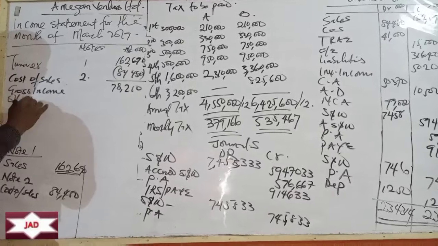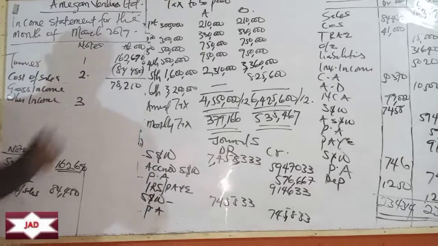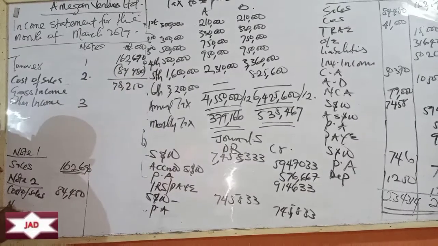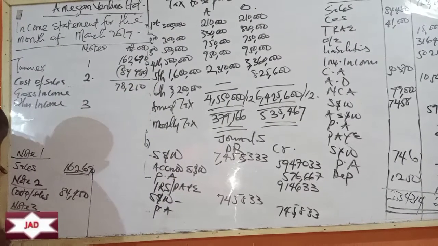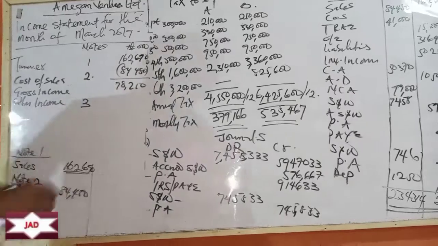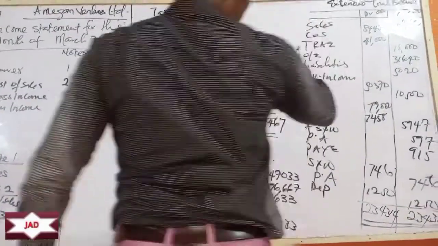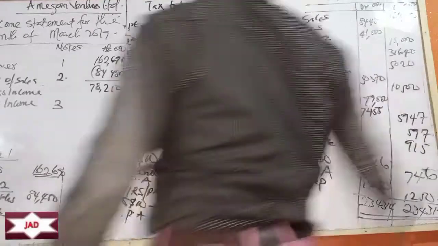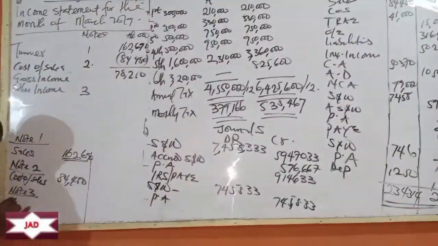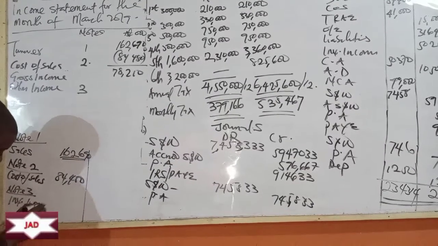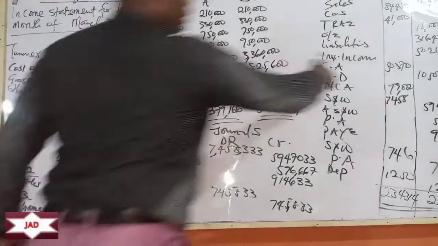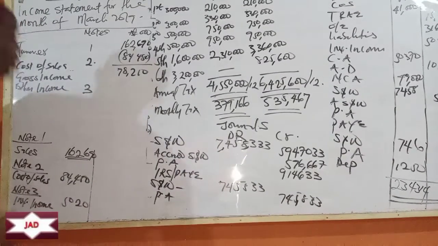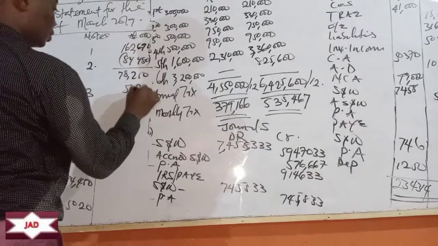So what do you have? Other income now, note 3. What's other income in the question? I think I can only see investment income, 5,020.